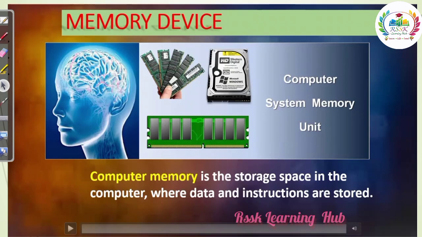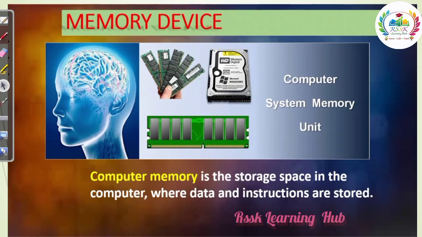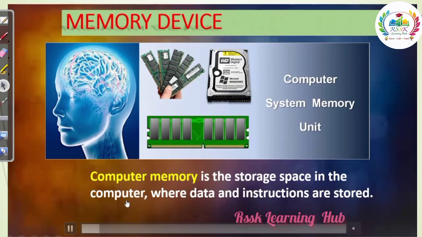So first, computer memory. What is the use of memory? Memory is the place, called storage, as a space in your computer where data and instructions are stored. Where your data and instructions are stored, that should be given by this memory of your computer.